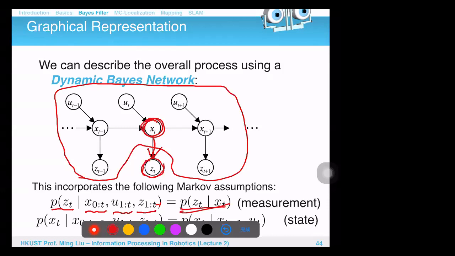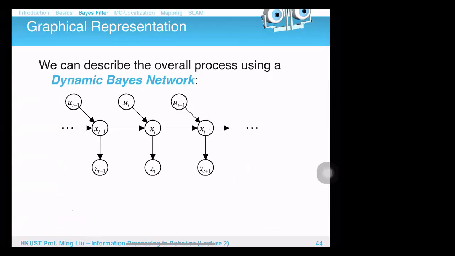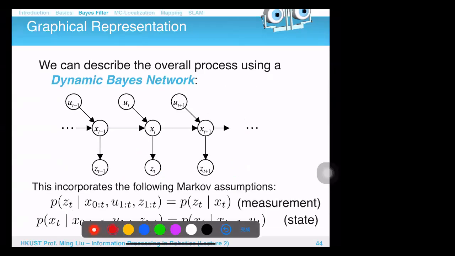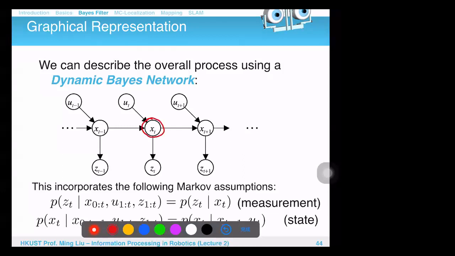This is for the measure. And secondly is the state. You want to infer the state x t based on the rest of the world, and we only care about this x t minus 1 and u t. Then we don't care about all this.